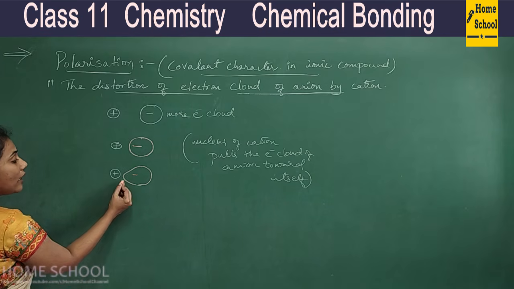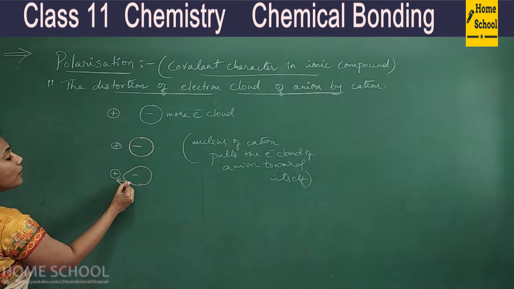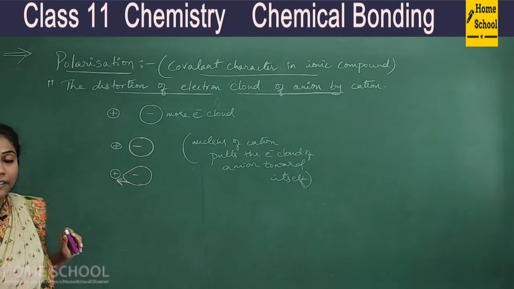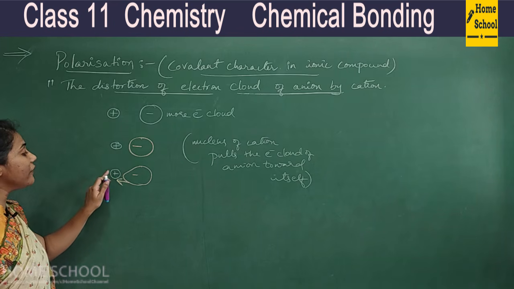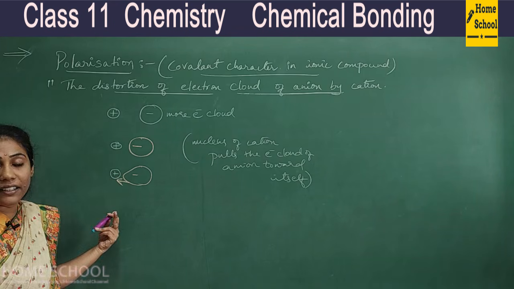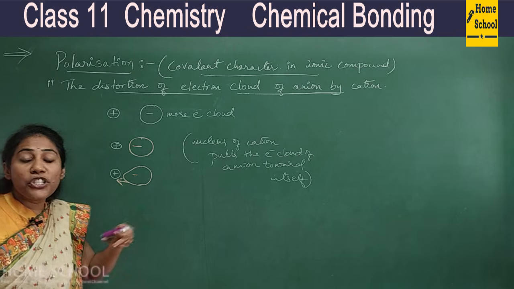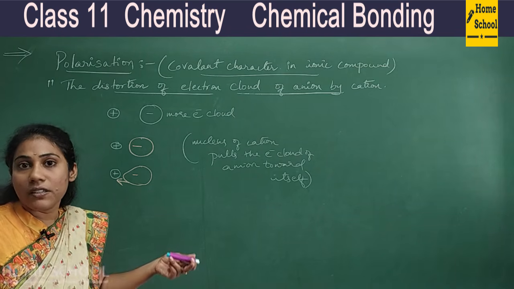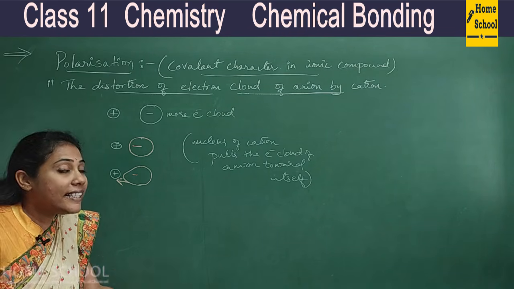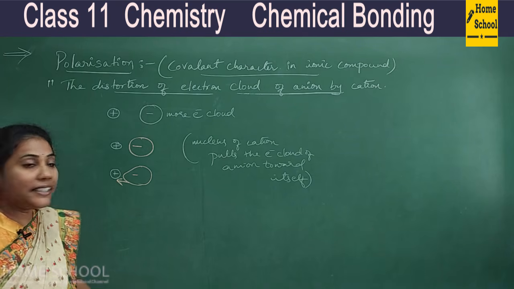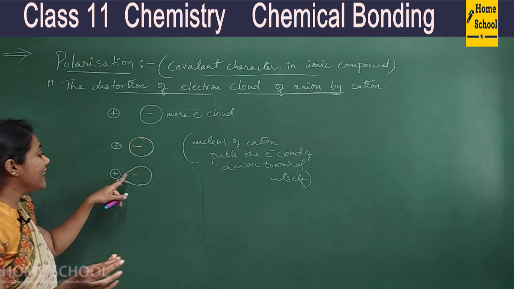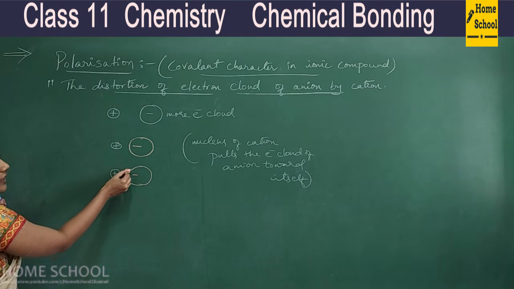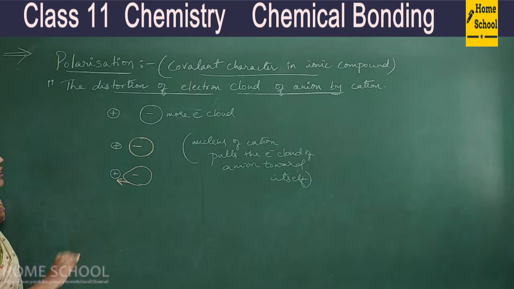So the electron cloud is moving more towards the positive side. It's like the electron cloud is shared between the positive and negative ions. If anything is shared between the ions or atoms, we call it covalent character, isn't it? The cation's positive charge is very strong, so it is attracting the electron cloud of the anion.